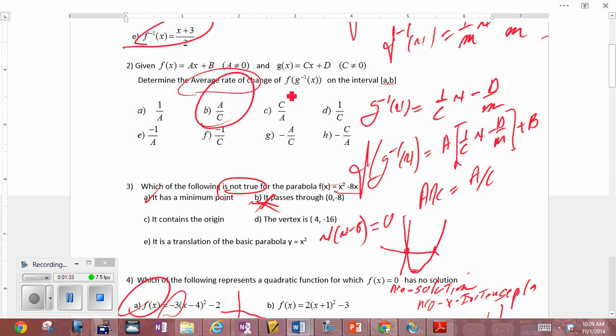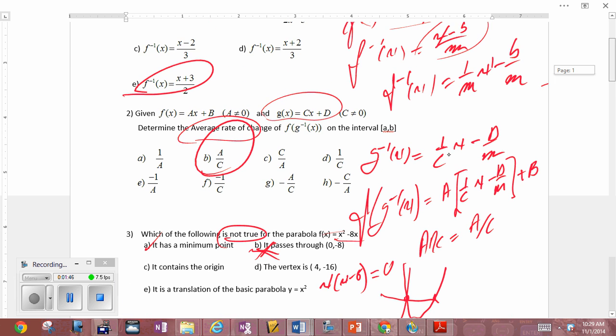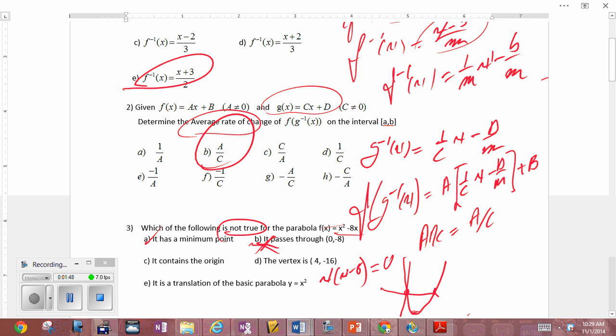But first we have to do the composition, and prior to that, we have to find the inverse of g. g is here, cx plus d. Its inverse, according to the previous problem, what you should have already known, is 1 over c times x minus d over c. And the slope is 1 over c, the reciprocal of the slope, which was c.